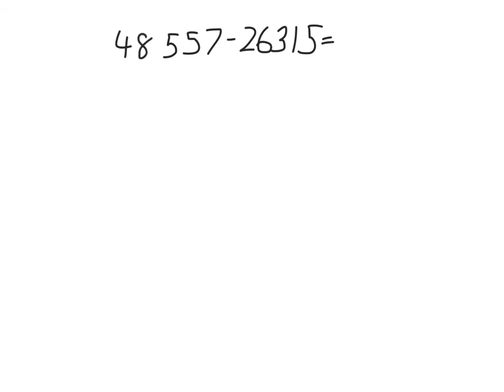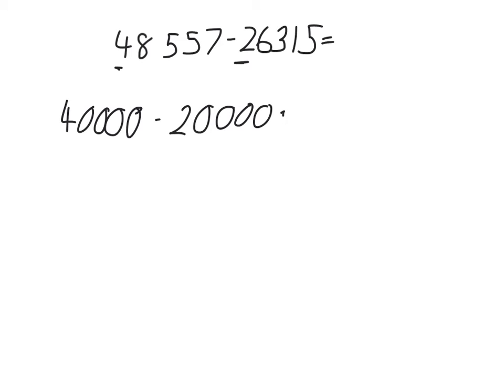Okay, so now I'm going to show you how to take away a 5-digit number using the split strategy. So the first thing I'm going to do is take away my 10,000s. So I've got 4 10,000s and 2 10,000s. So 40,000 take away 20,000 is 20,000.